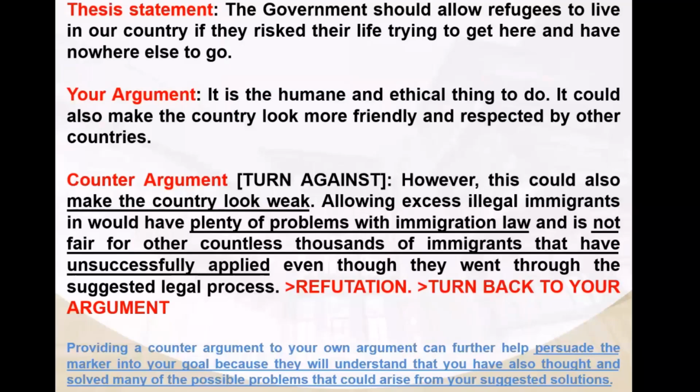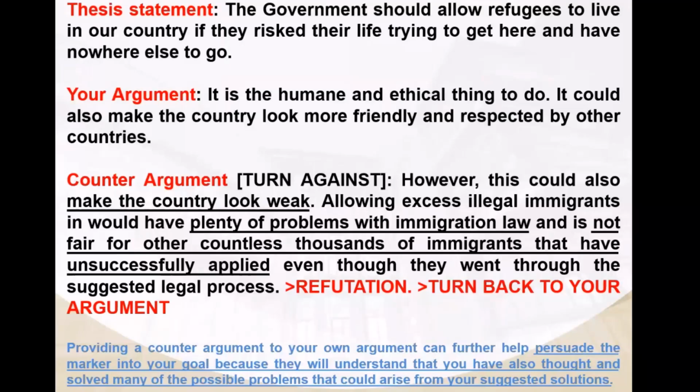Those who are against allowing refugees here, the critics, argue that this could make our country look weak.